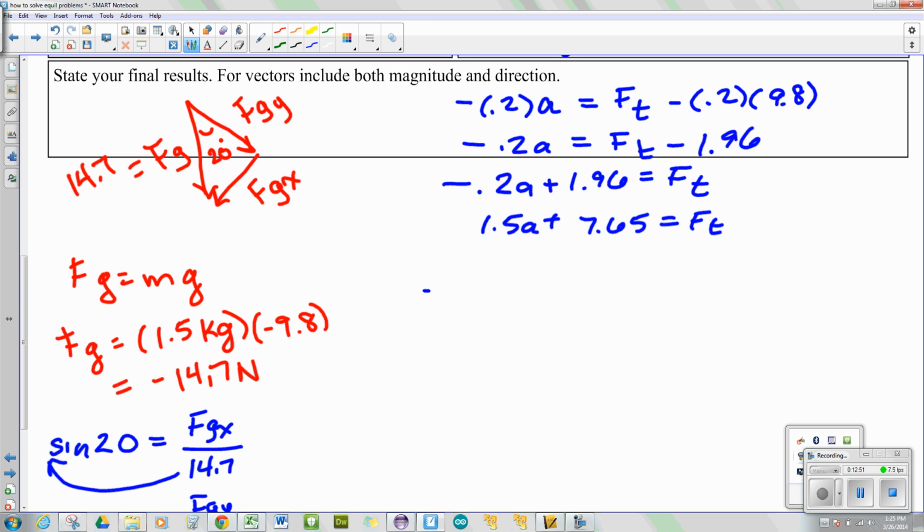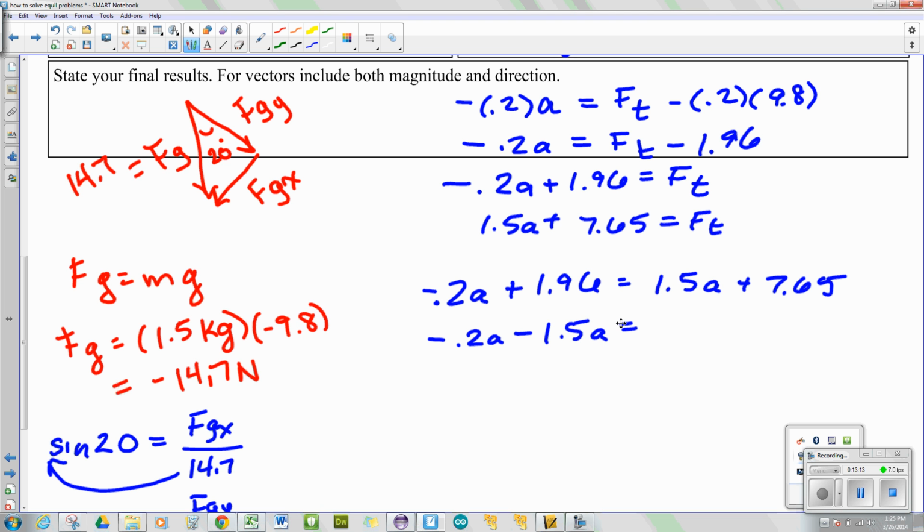Set these two equal. I'm going to move the 1.5 over here. So it's going to become, I'll show you my work for it, negative, equals, and I'm going to move my 1.96 over here. That becomes negative as well.